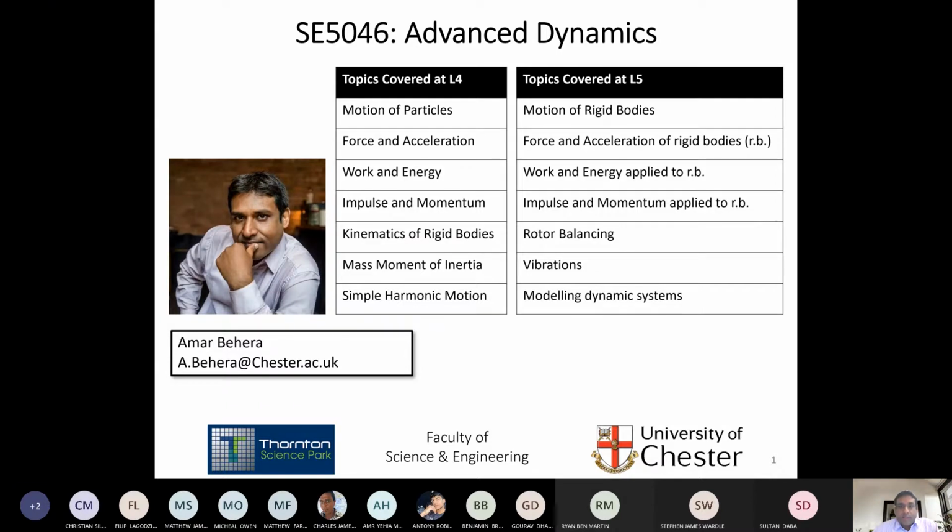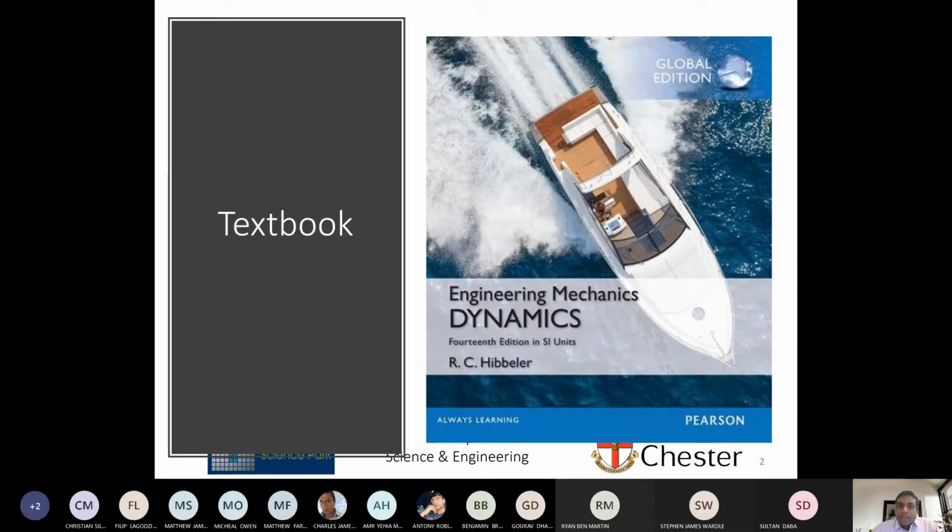So we'll do some of the similar topics that we did at level 4, but applying them specifically to rigid bodies. And then we'll go on to look at some more advanced concepts such as rotor balancing, vibrations, and modeling dynamic systems. The textbook remains the same, which is Engineering Mechanics, Dynamics by Hibbeler.